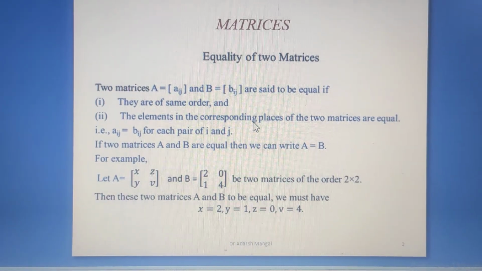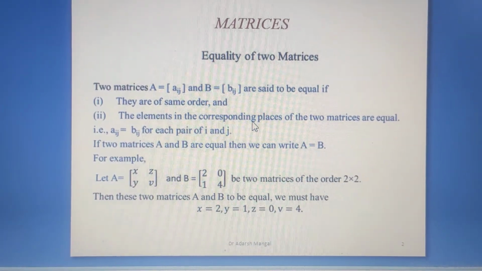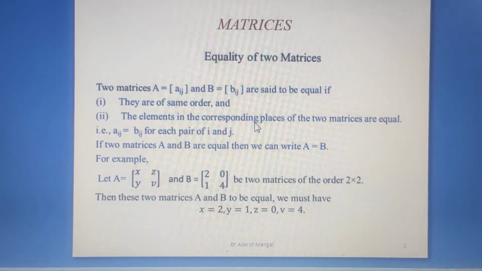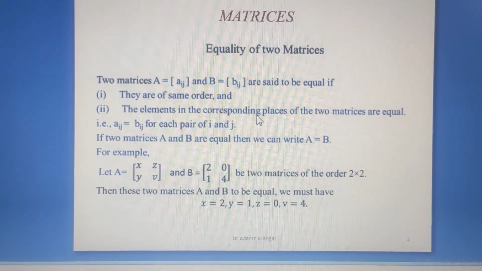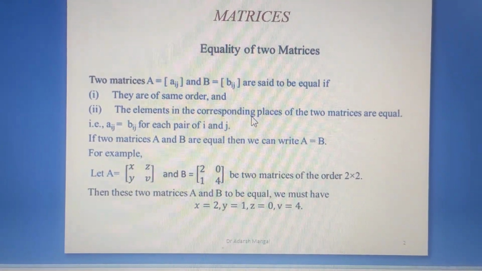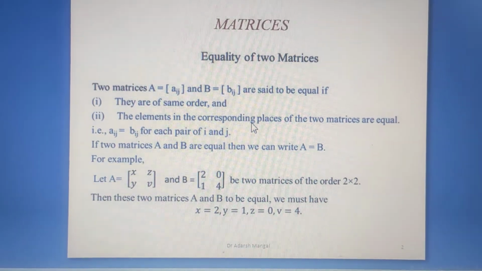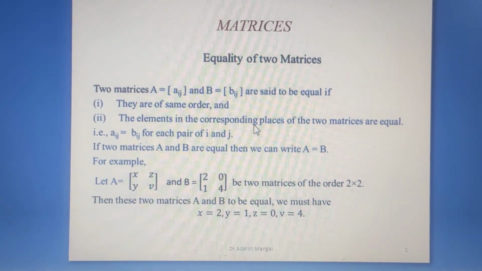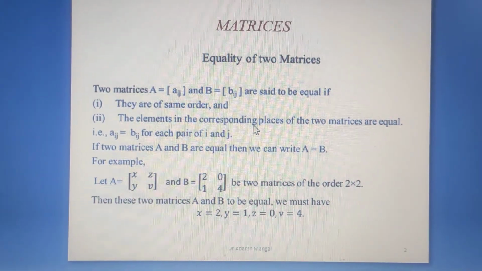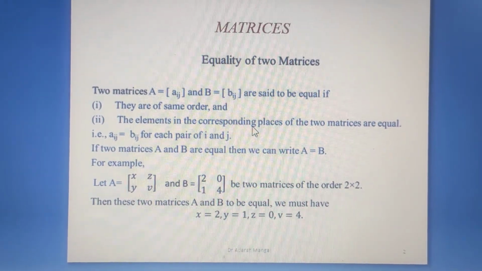If matrix A is of order m by n, then B must be of the same order as that of A. Secondly, the elements in the corresponding places of the two matrices are equal. That is, Aij equals Bij for each pair of i and j.